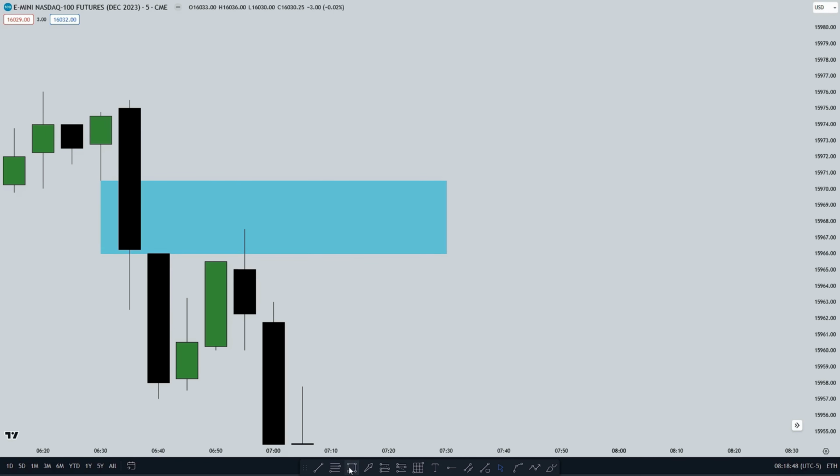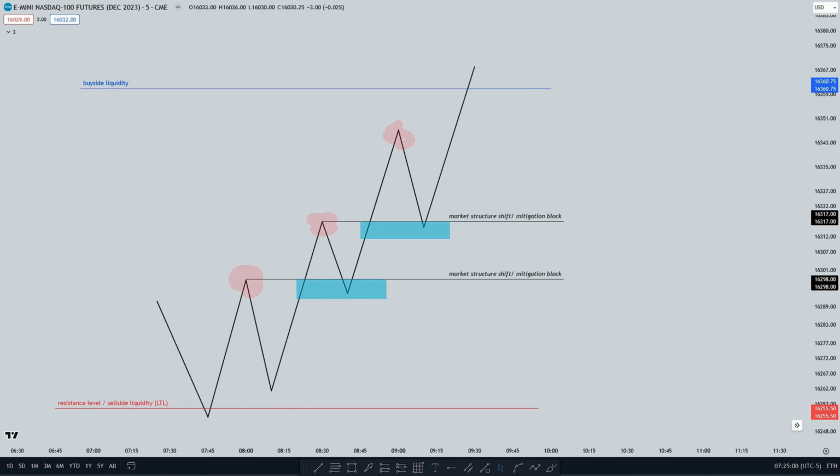As you see right here, this isn't a favela gap because the wicks are overlapping the body. But with this favela gap, there aren't any wicks or bodies overlapping this body right here. So it creates a favela gap. And as you see, price comes up and respects this favela gap and then goes lower.